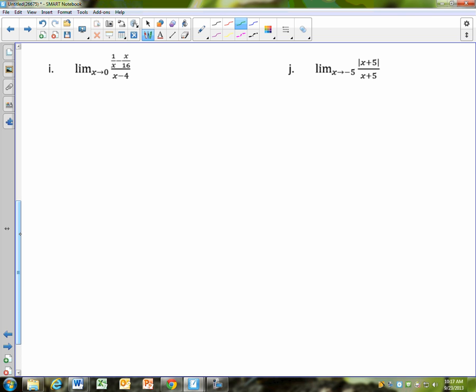If I want to add these two fractions together, I need to have common denominators. So this is going to turn into the limit as x goes to 0 of, I'll have 16 over 16x minus x squared. Very good.